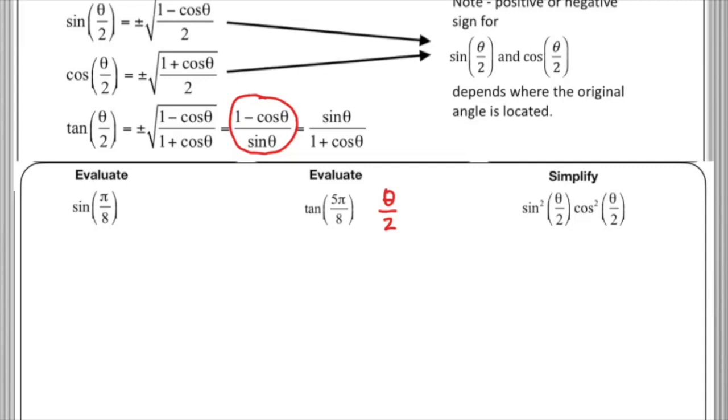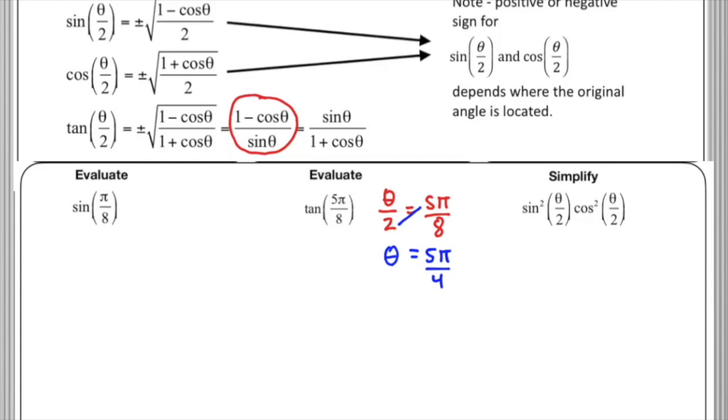So we want to set theta divided by 2 equal to whatever angle that we got sitting there, and that is going to give us, let's see, multiplying the 2 up here, theta is going to be 5 pi over 4.